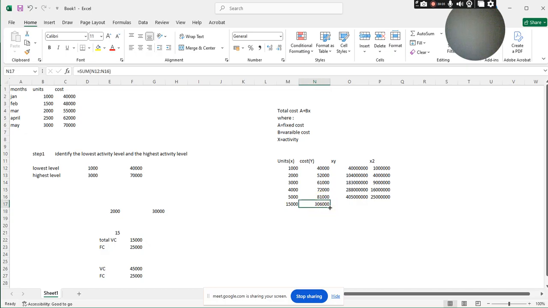Now let's drag. We have summation of x, summation of y, summation of xy, and summation of x square. Now to get our b, the other thing we need is summation of x raised to power 2.